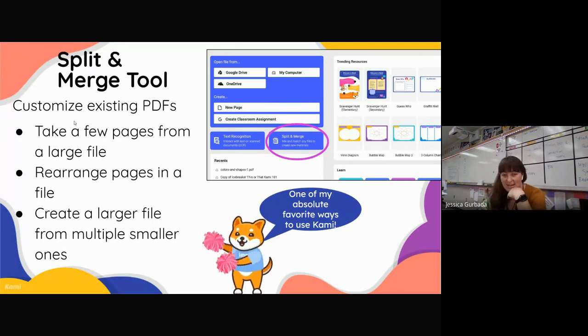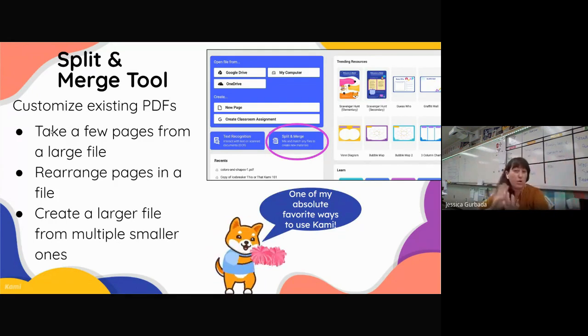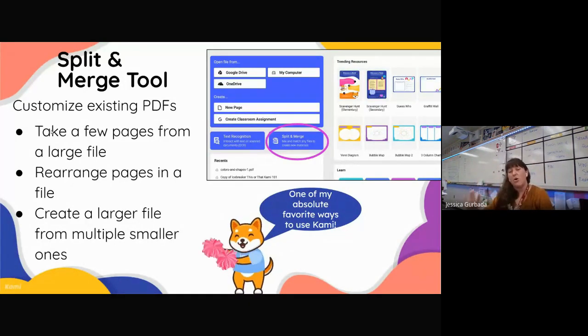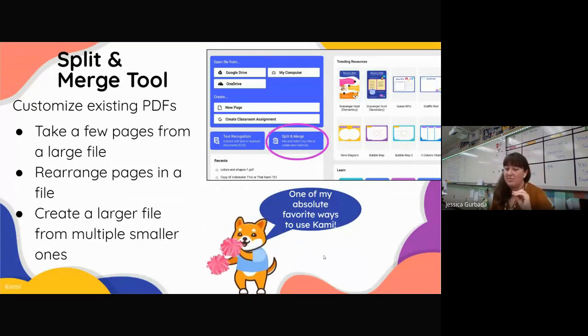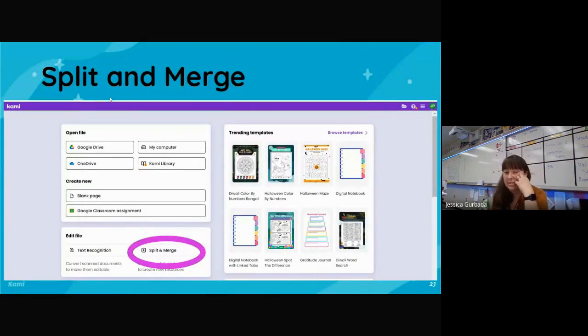So you can take this huge file and cut it down to the one or two pages that you want. You can take a file and rearrange the pages. Or you can take a whole bunch of smaller files and put them together into one large PDF. This is definitely probably my favorite use. So the way we're going to do that is this tool called Split and Merge.